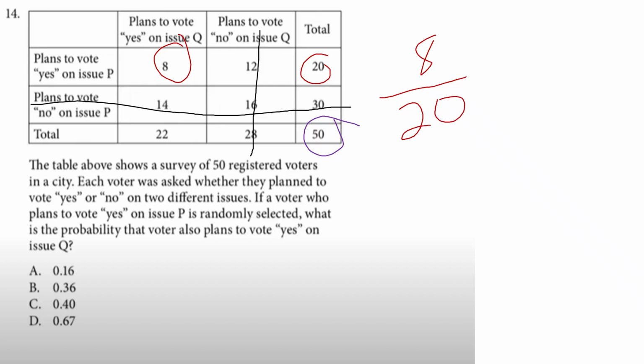So our answer is a decimal. So to turn a fraction into a decimal, what we need to do is divide 8 by 20. So what we're going to do is 20 goes on the outside.